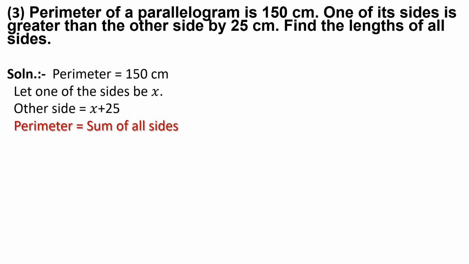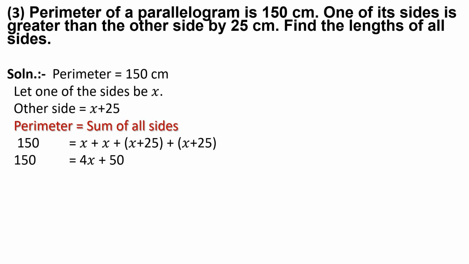Here one side is given x. So side opposite to that will be also x. Another side is x plus 25. So side opposite to x plus 25 will measure x plus 25 only. So sum of all sides, that is 150, is equal to x plus x plus 25 plus x plus 25.